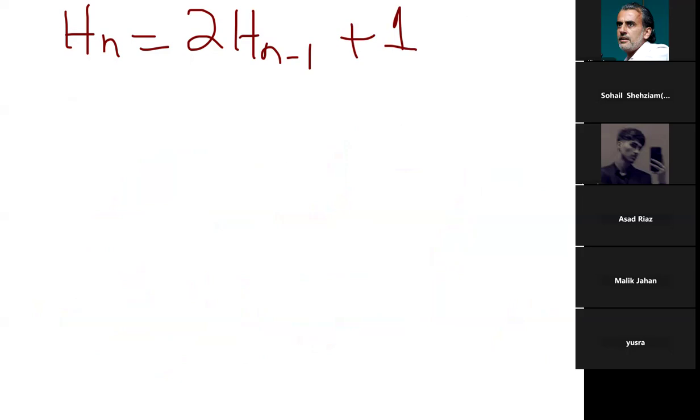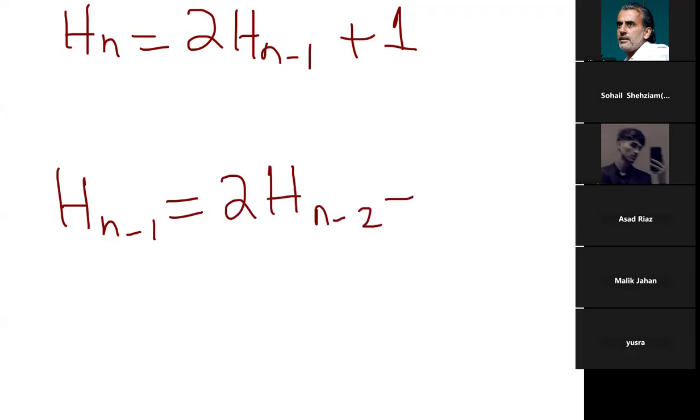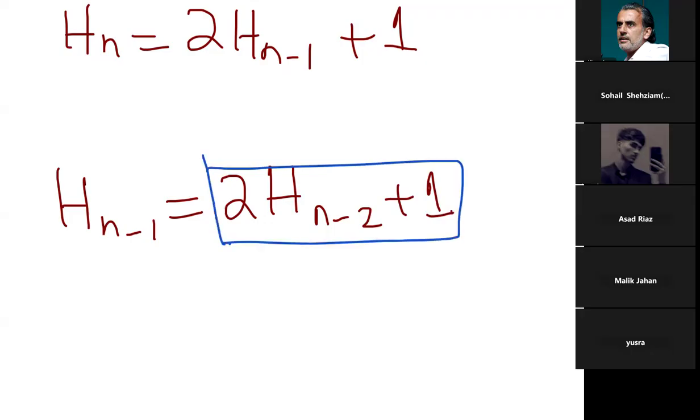Now what if we have hn minus 1? What would hn minus 1 be? If you are only interested in computing the number of moves of moving n minus 1 disks, we'll be applying the same formula. So this will become 2hn minus 2 plus 1. Now this part is going to be substituted over here.